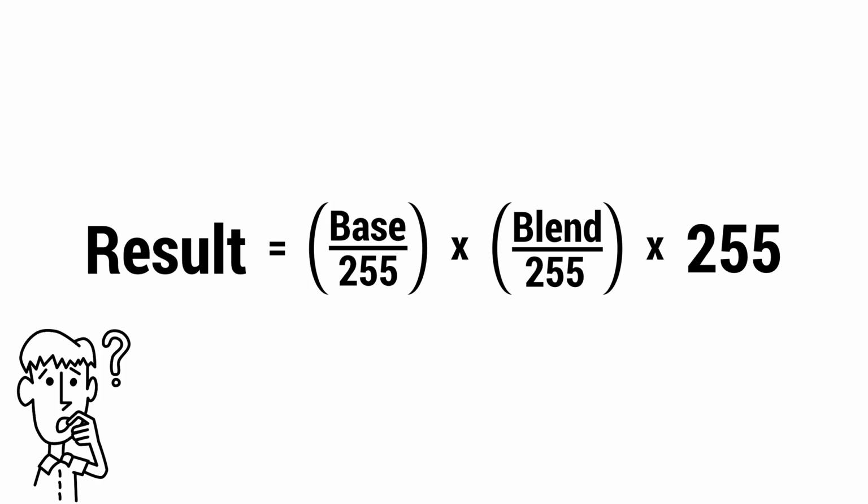Unless you're an even bigger Affinity nerd than I am, this formula probably doesn't mean anything to you. And that's totally fine. I've been using Affinity for nearly a decade, and I've never needed to use this specific formula. In fact, the main reason I'm showing you this is so that you can see that it's not important to understand the math behind every blend mode.